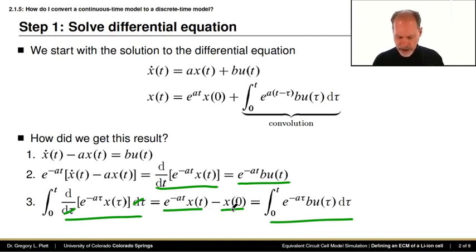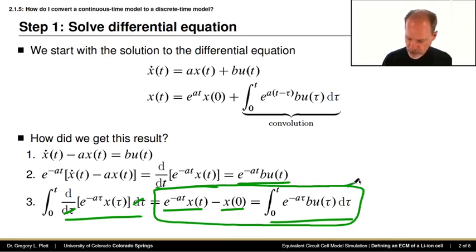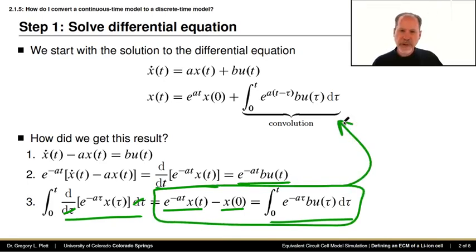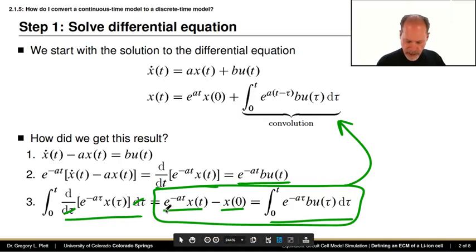And we look at that, and we take these two things, put them together, and rearrange just a little bit by multiplying both sides of the equation by e to the plus at. If I multiply both sides by e to the plus at, then that term cancels out. Then I've got an e to the at multiplying this, which I bring over to the right-hand side, and it becomes this.